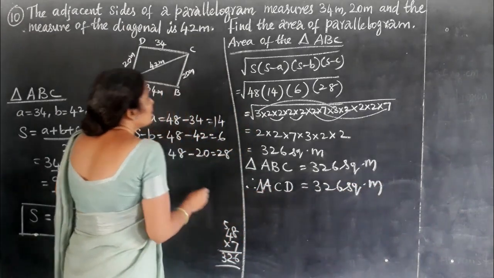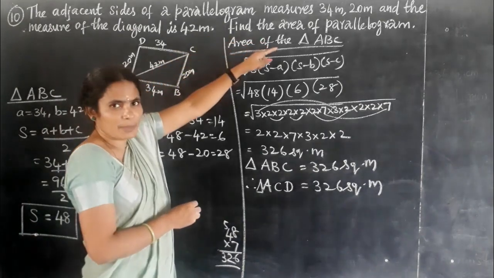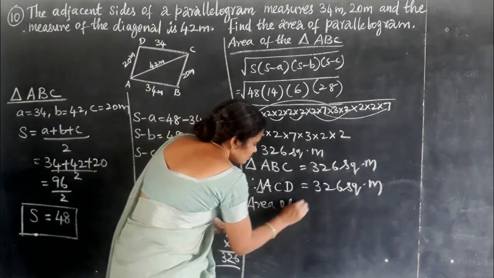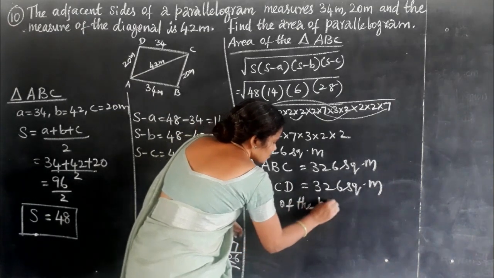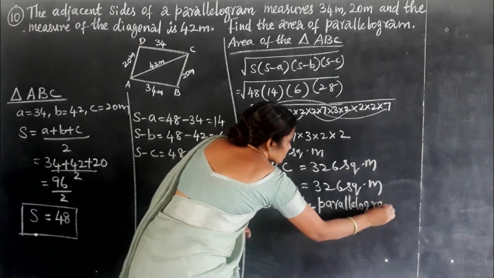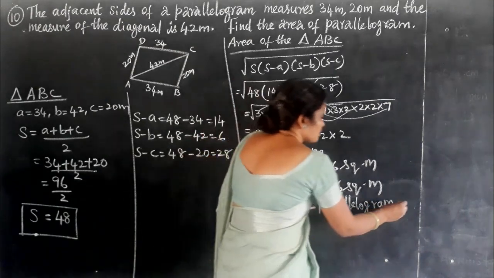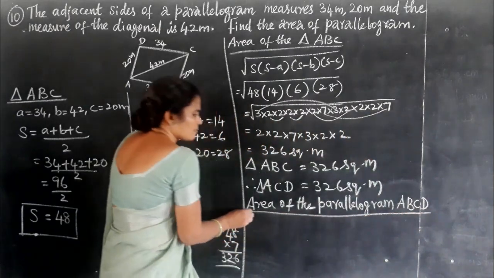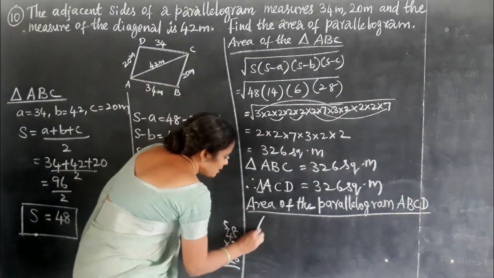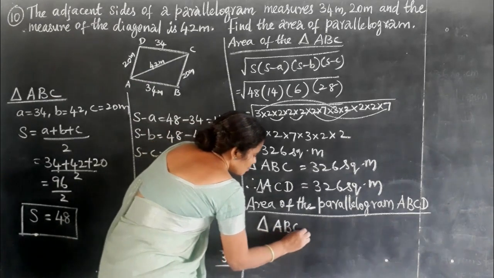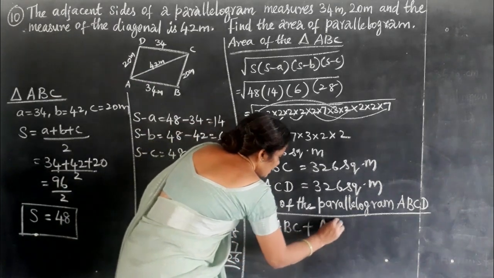Now we are asked to find the area of the parallelogram ABCD, which is triangle ABC plus triangle ACD.